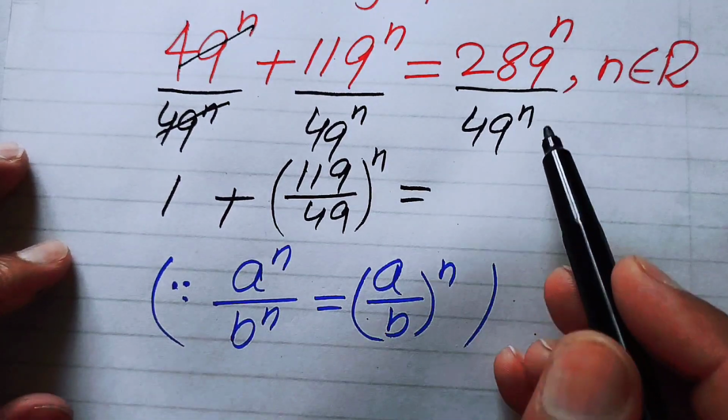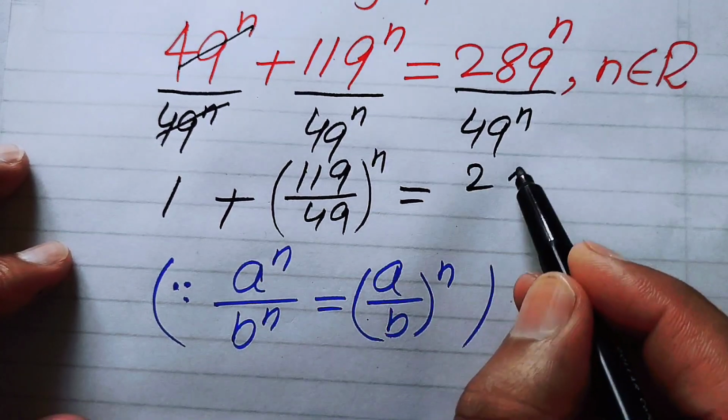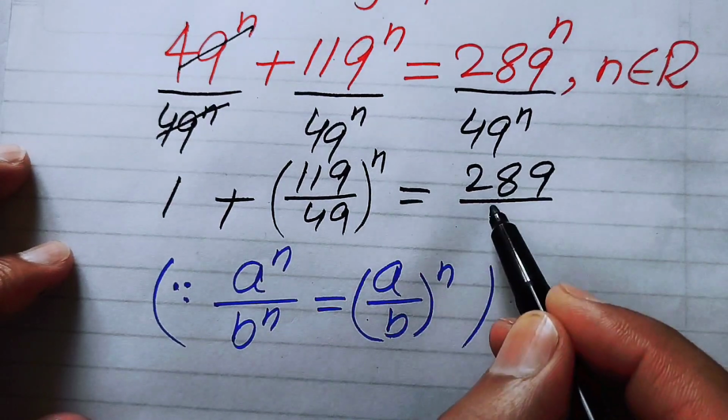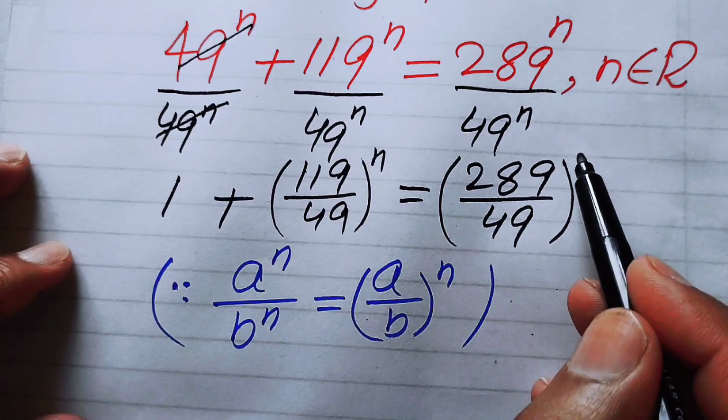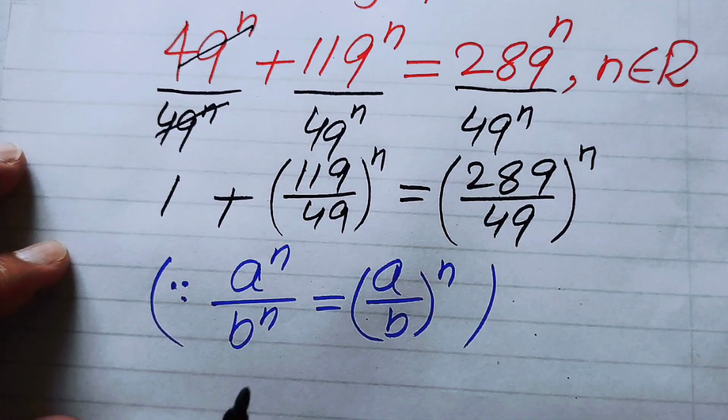Similarly, on the right hand side we will again combine these two exponents, and we will write it as 289 over 49 to its whole power n.